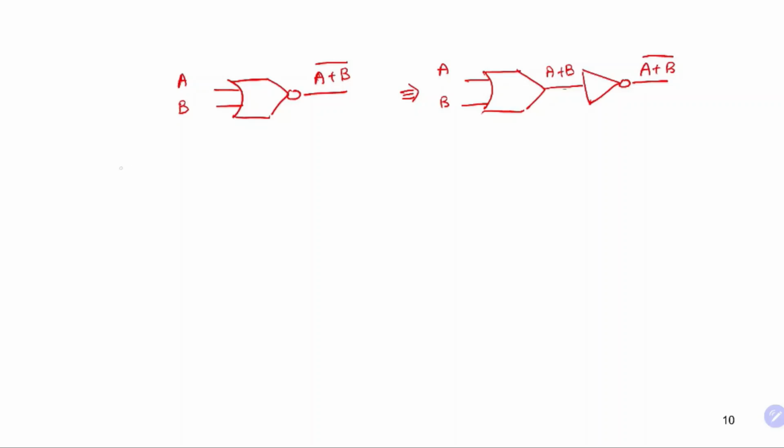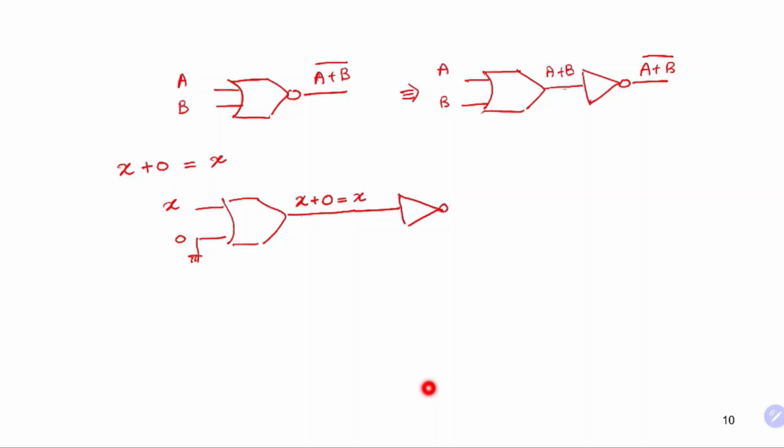So just now we have x plus 0 is equal to x. If I put x, 0, meaning that I put this to ground through an OR gate, I'll get x plus 0. Alright? This equals x. Agree? If I put x through my NOT gate, I get x bar.